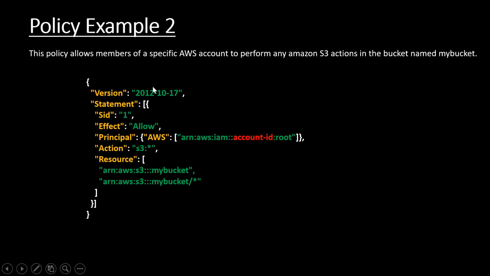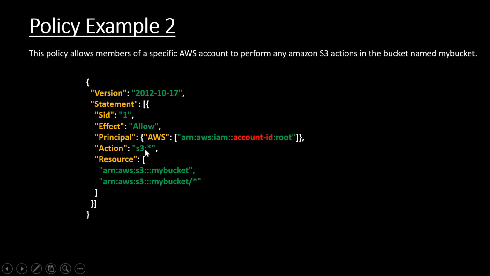So here we have given the latest version, and inside the statement we have given this SID, statement ID. Effect is allow. We are allowing, and the principal is our account, and then the action is s3:*.